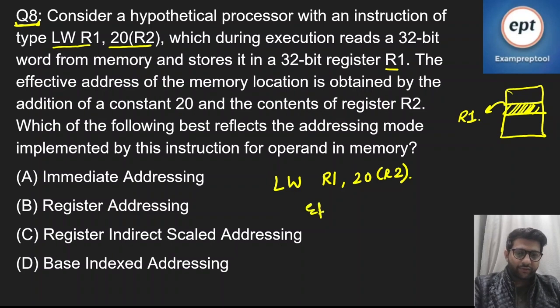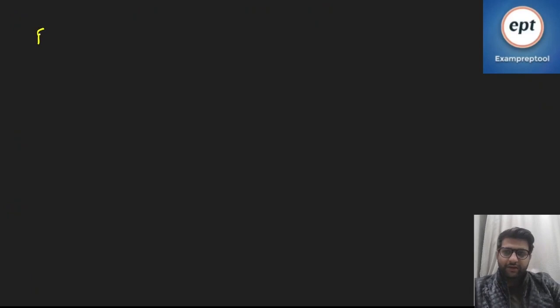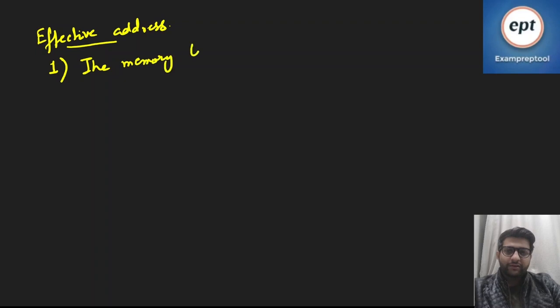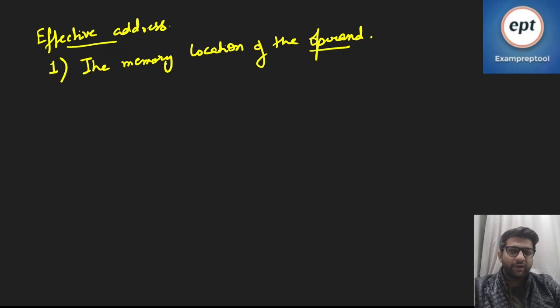So first of all, what is effective address? If it is an arithmetic operation, the effective address is the memory location of the operand. The address at which this operand is stored is the effective address of that particular operand.